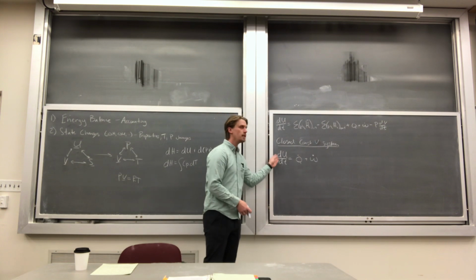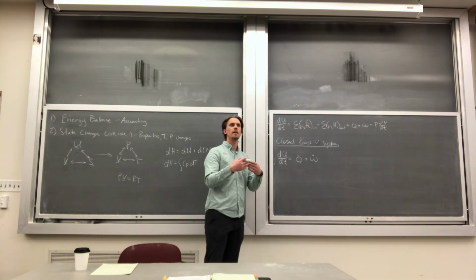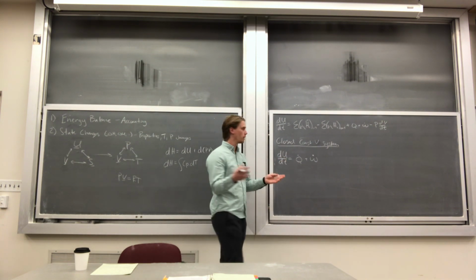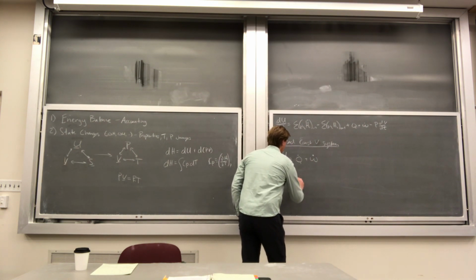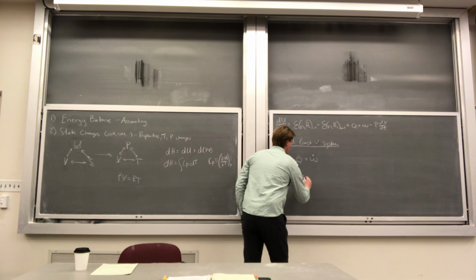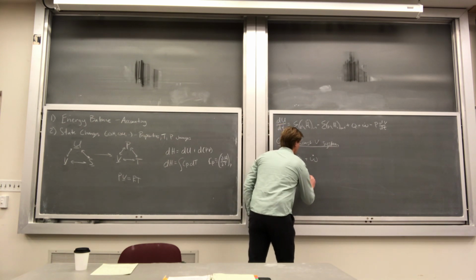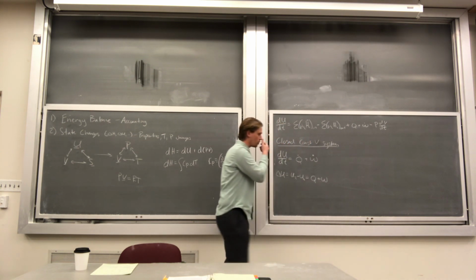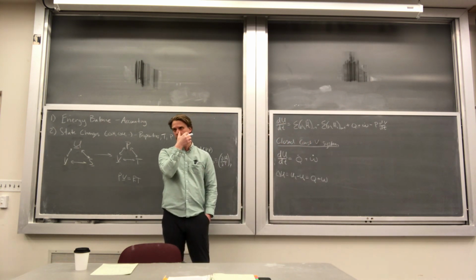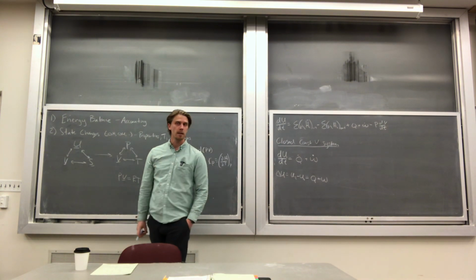If I see a dU, I just turn that into a delta U. Quite straightforward. So then this is delta U, which is equal to U of the system in the final state minus U of the system in the initial state, is equal to not Q dot, but the total amount of Q in and out and the total amount of work in and out. So that's my energy balance.